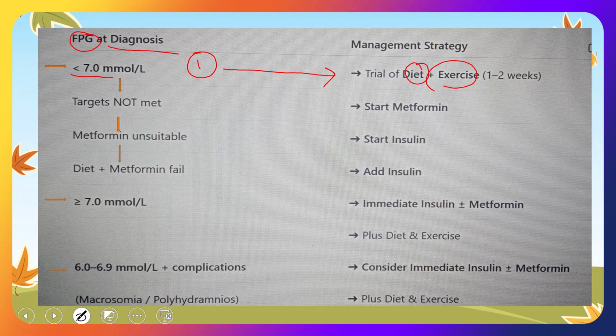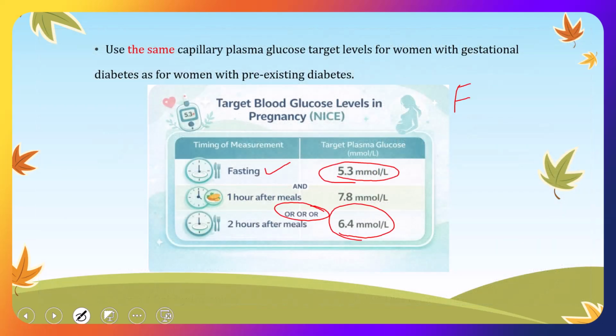Now, if the targets are not met in 1 to 2 weeks with the help of diet and exercise, we are going to offer metformin to this patient. And if metformin is contraindicated or unacceptable to the woman, we are going to offer insulin.